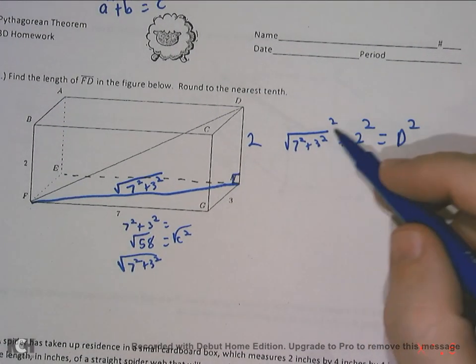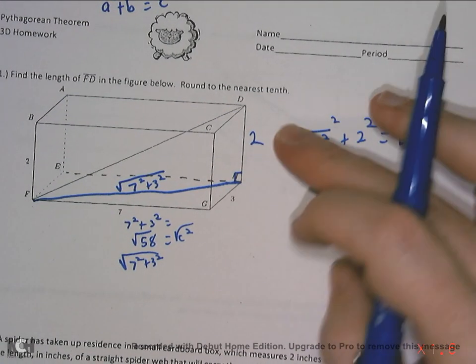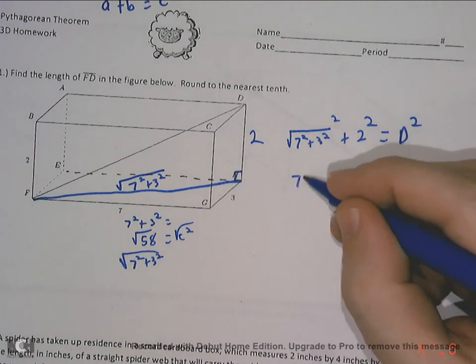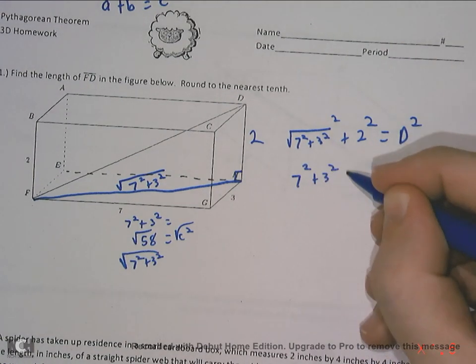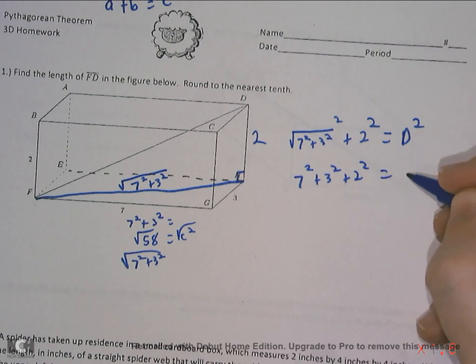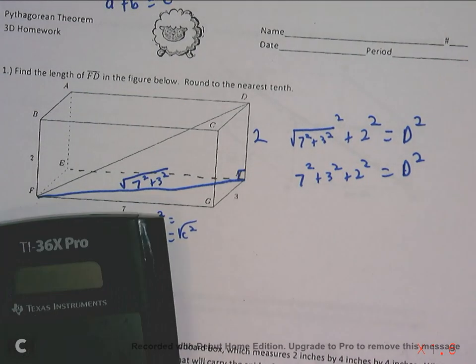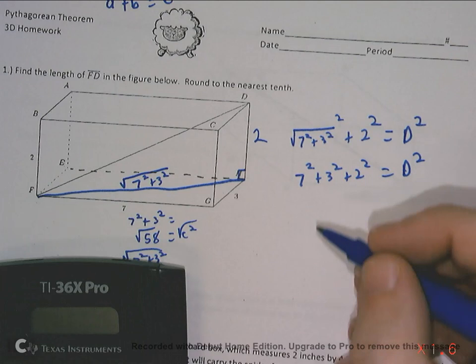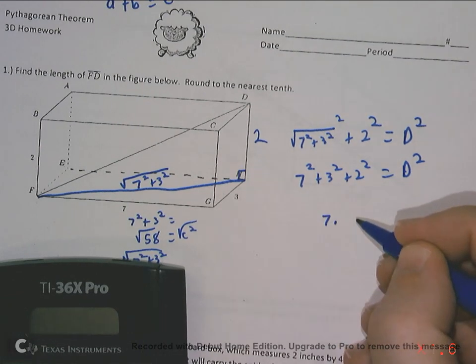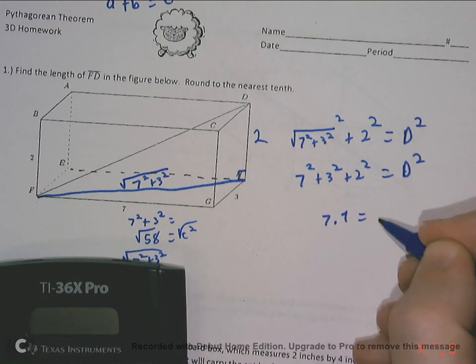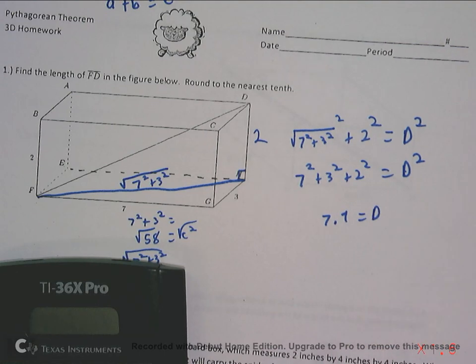When I square a square root, they cancel each other out, so I'm left with 7 squared plus 3 squared plus 2 squared equals the diagonal squared. Then I could plug all that in. 7 squared plus 3 squared plus 2 squared equals 62. The square root of 62 is about 7.9 if I round it, and that would be the length of the diagonal.